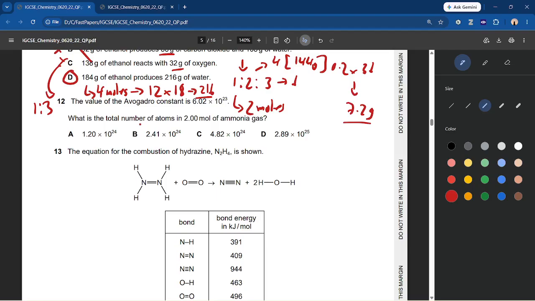In 2 moles of ammonia gas. So 1 mole of any element has 6.02 times 10 to the power 23. So let me just do something real quick, make sure that we don't lose out on anything. First we're just going to write down ammonia. Ammonia is NH3. Now, what does the Avogadro constant say?